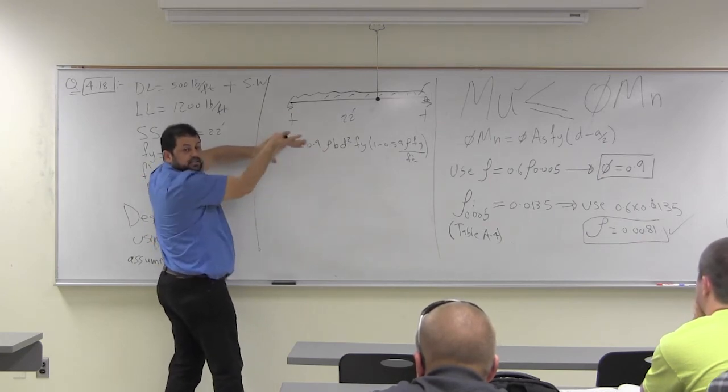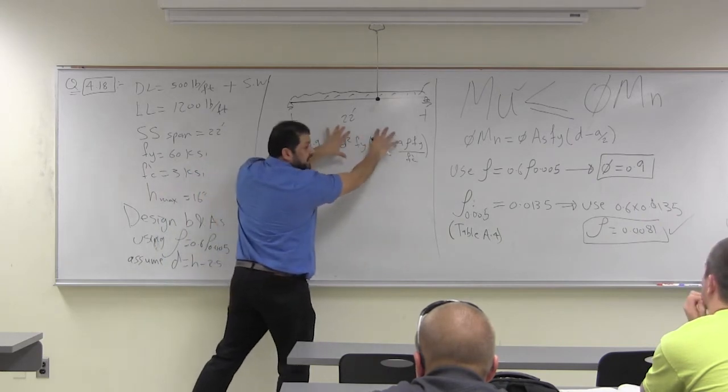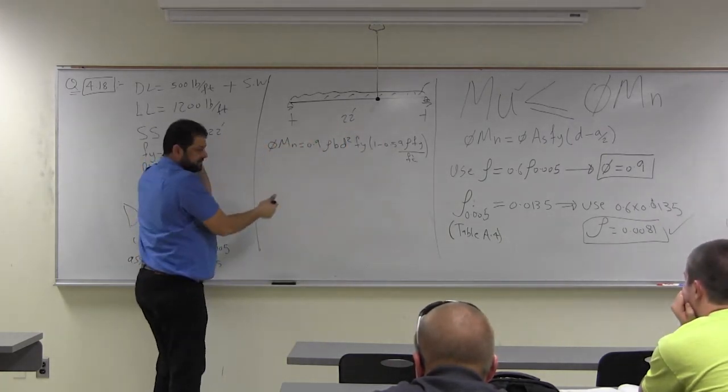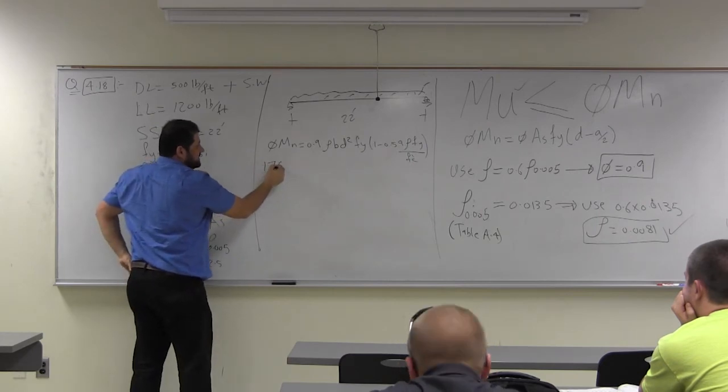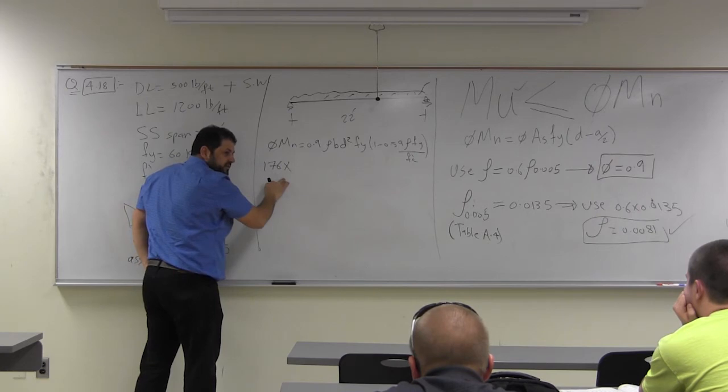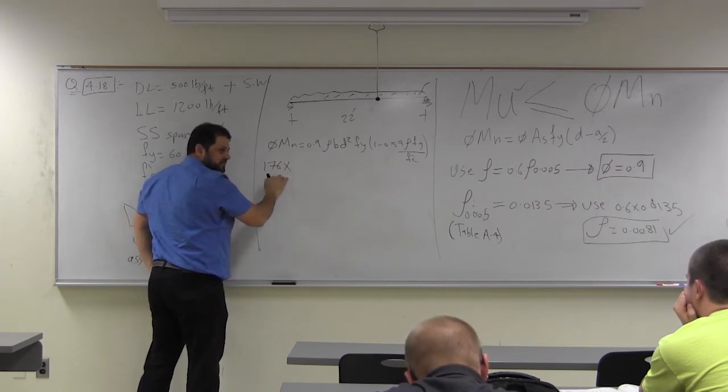What if I increase b a little bit? I'm going to get phi Mn greater than Mu. Right? So 167.